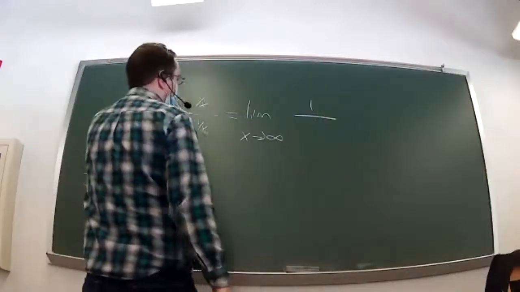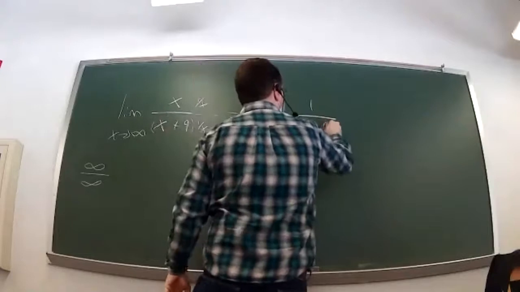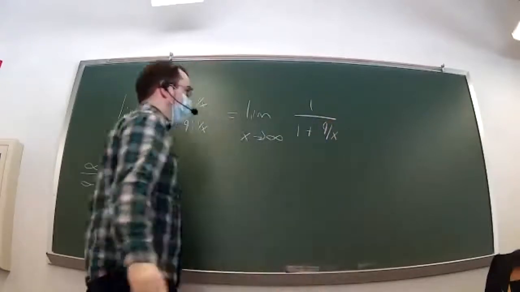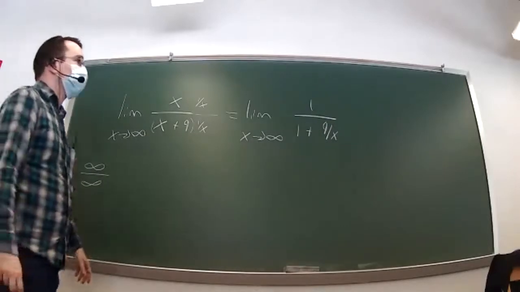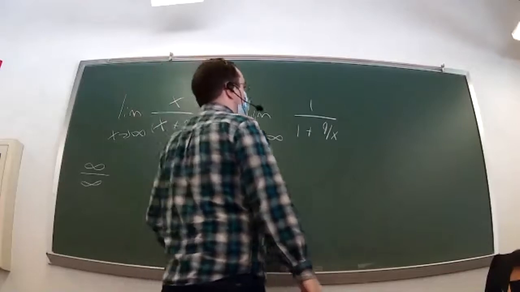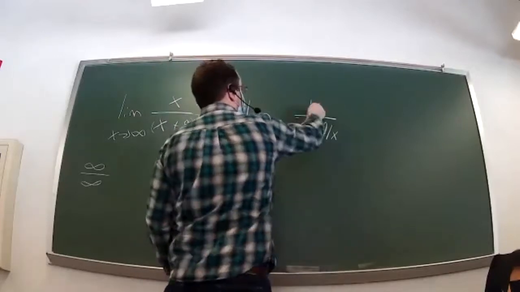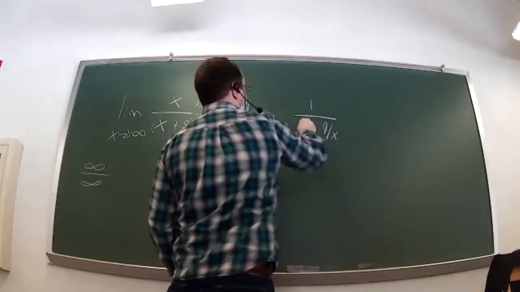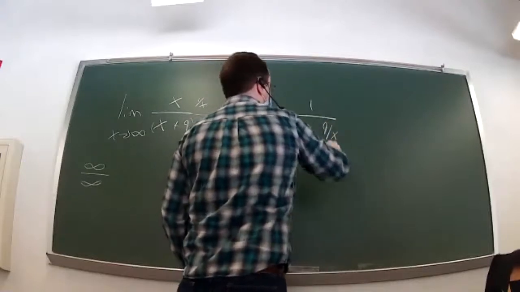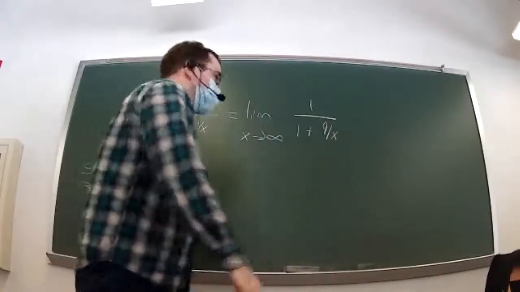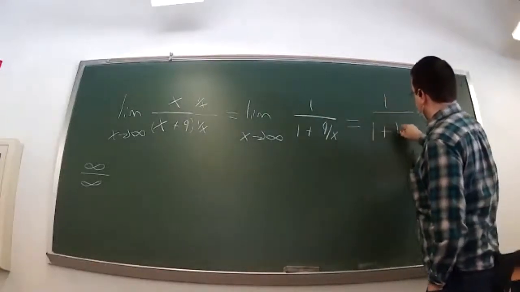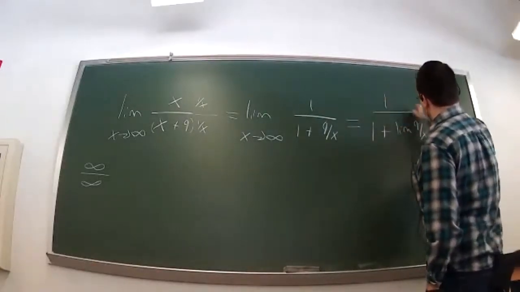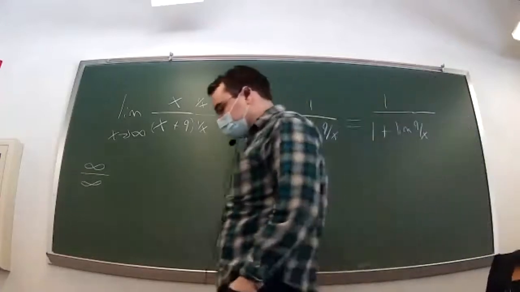And now I've got 1 plus 9 over x. And now there's lots of ways to solve this. One way to solve it is with the limit law. This is going to be the limit of 1 over the limit of 1 plus the limit of 9 over x. So this is going to be equal to 1 over 1 plus the limit of 9 over x.